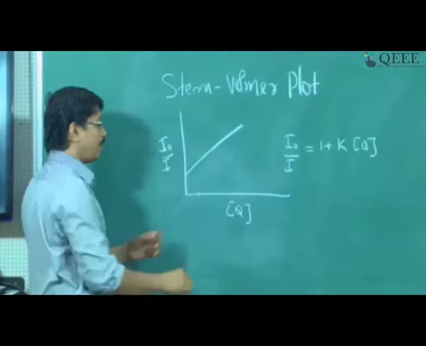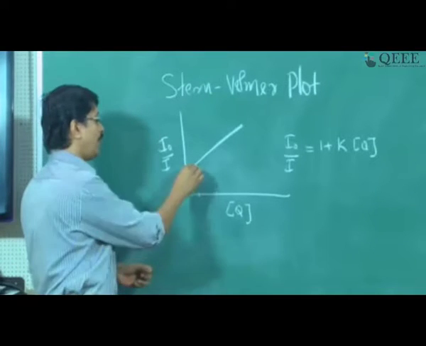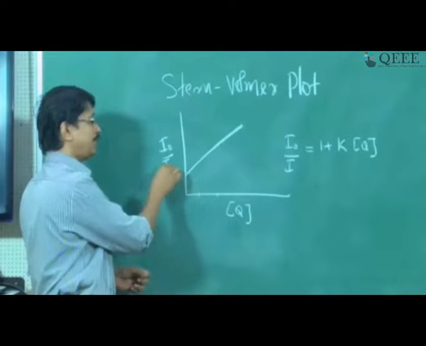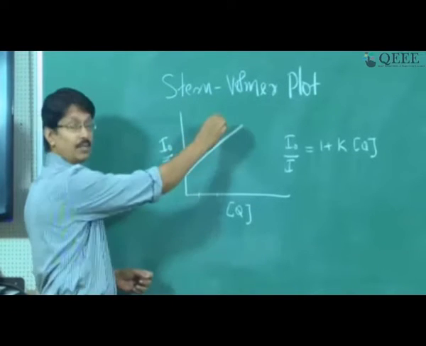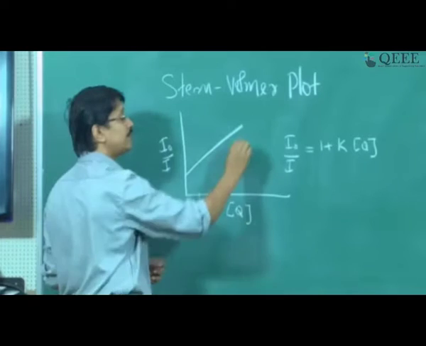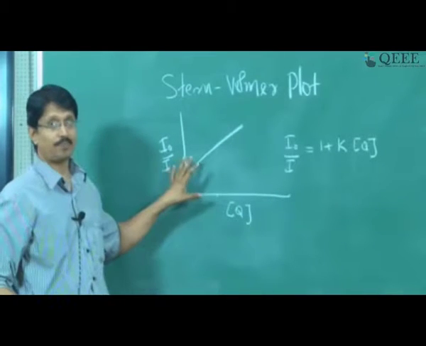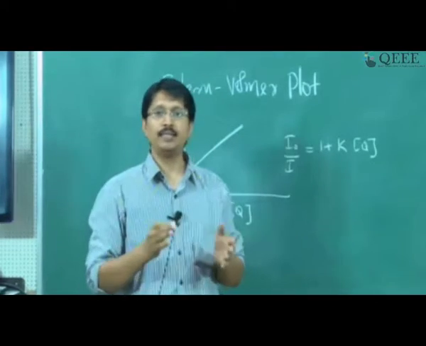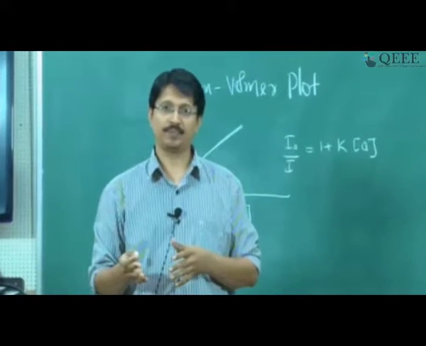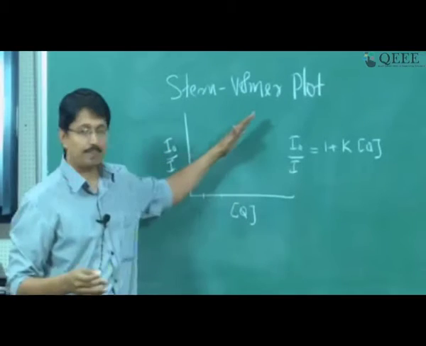So for one particular addition of quencher, you will have one I. Another quencher addition, the I will be again decreasing. Since the denominator is decreasing, the ratio will increase. So you get an increasing straight line for this plot. Now if there is only one type of quenching happening, like either static or dynamic, you will get a straight line plot.